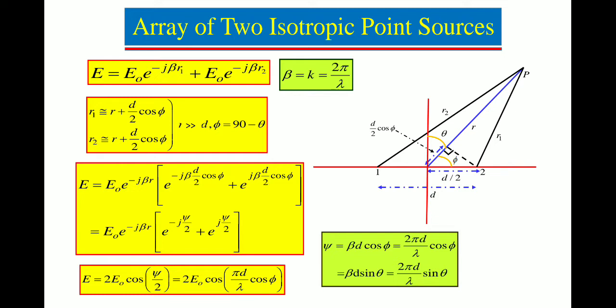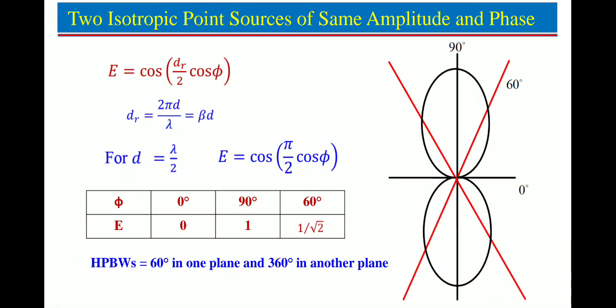Similarly, the electric field is equal to 2 E0 cos psi by 2, equal to 2 E0 cos of pi d by lambda cos phi. So here the value of psi is beta d cos phi, equal to 2 pi d by lambda cos phi, or beta d sin theta, equal to 2 pi d by lambda sin theta.